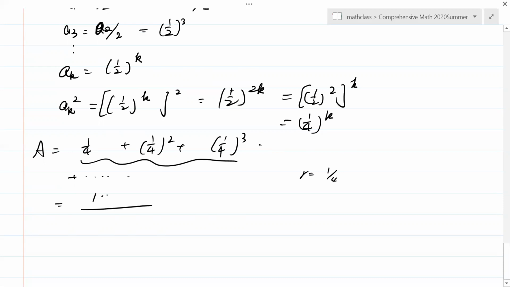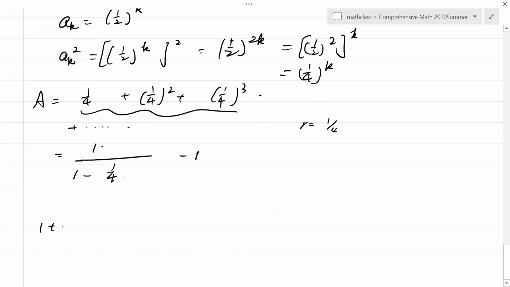So it's going to be 1 over 1 minus r, okay? But then you have to subtract 1. Let's recall that: it's 1 plus r plus r squared plus r cubed. This is going to be 1 over 1 minus r if the absolute value of r is less than 1.